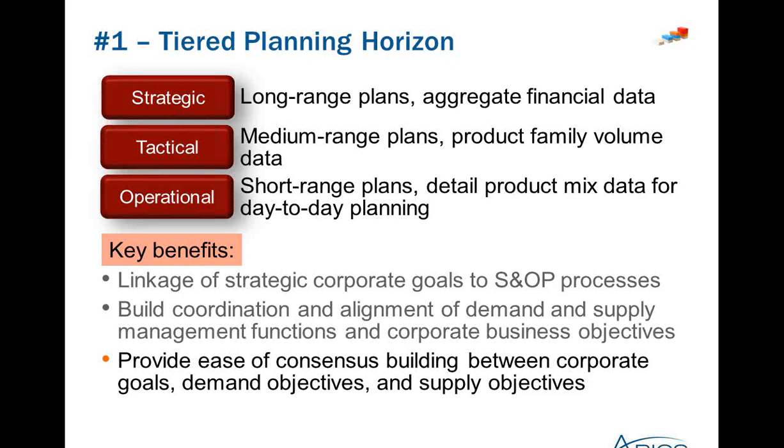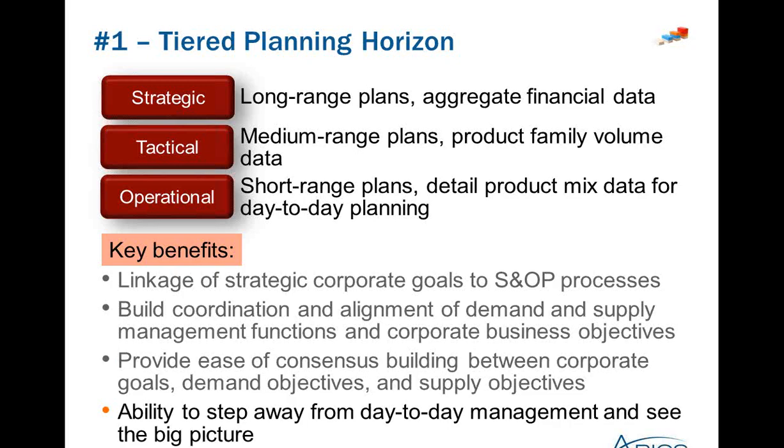It gives top management the ability to step away from the day-to-day and not get in the fray of, oh my God, what are we going to ship this week? We got to get this out the door. At S&OP, you should never be talking about what you're shipping this week, and you should never be talking about what's on your master schedule, which could be a 2-month or 3-month horizon.